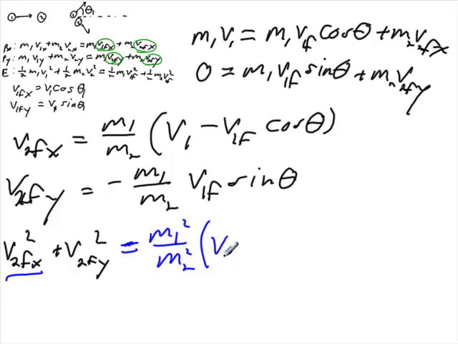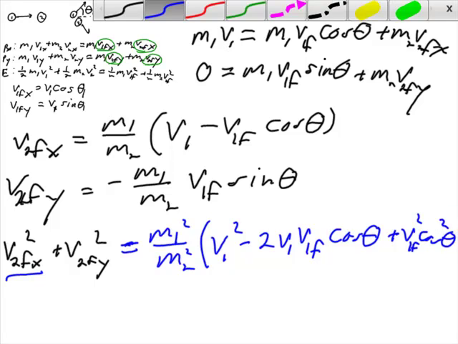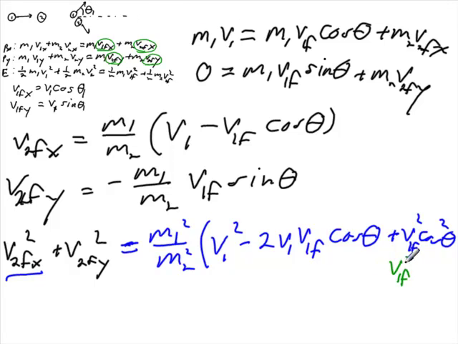I have v1 squared minus 2 v1 final cosine theta, and then I have plus v1 final squared cosine squared theta. Now in the y direction, I add in a v1 final squared sine squared theta. And you'll notice the sine squared plus the cosine squared will just give me v1 final squared.